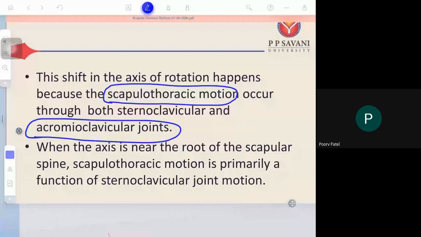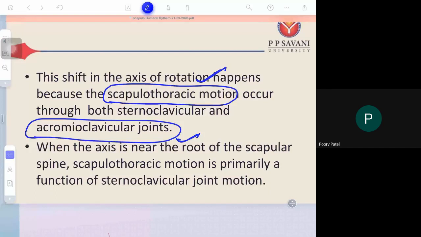Because the movement is occurring in both joints, the axis should not be fixed. Initially the axis should pass through the scapulothoracic joint, and then it should pass through the acromioclavicular joint. That is why the axis is not fixed. Clear?